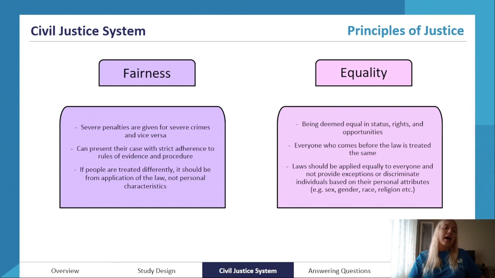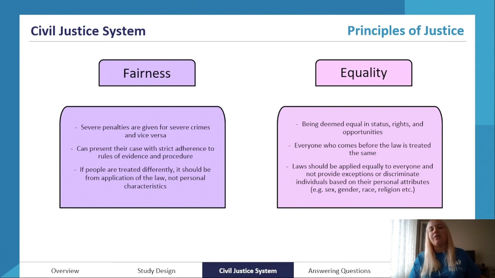Okay. It means they can present their case with strict adherence to rules of evidence and procedure, which also help to ensure that there is no bias in the courtroom. And if people are treated differently, it should be from application of the law, not personal characteristics.